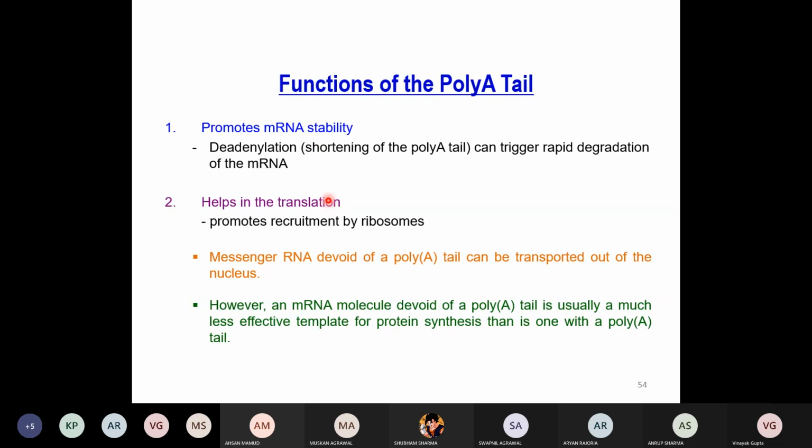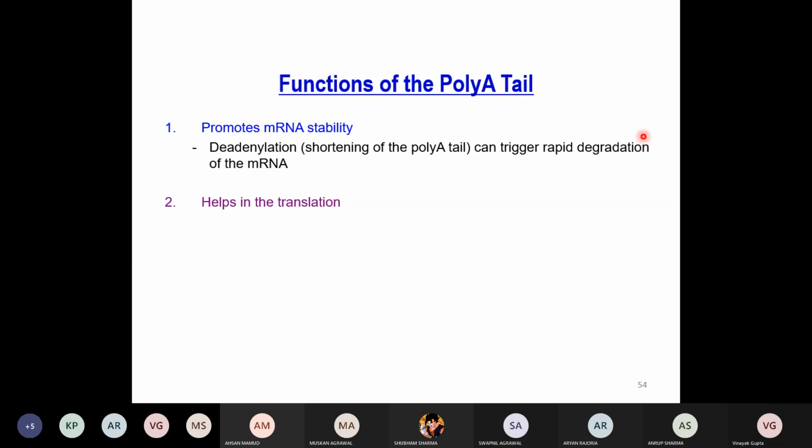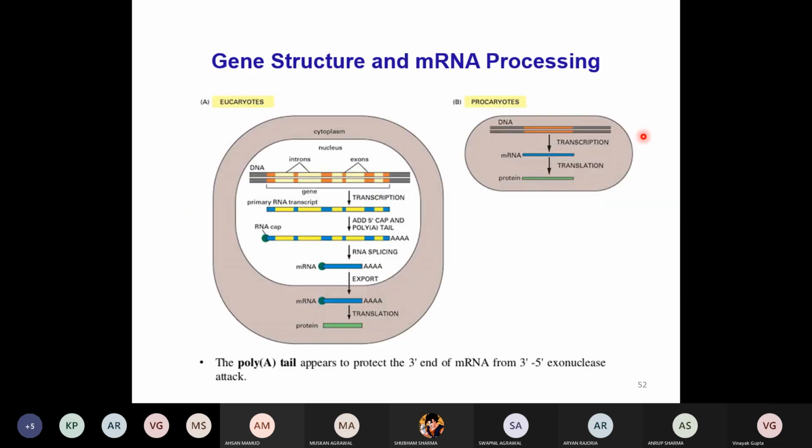People have proved this thing by doing the experiment when they remove the poly A tail. Initially, people were thinking that if you see here in this slide, it is the mRNA with the poly A tail which is exported. So the initial thought was maybe this poly A tail is helpful in the exporting of the mRNA into the cytoplasm.